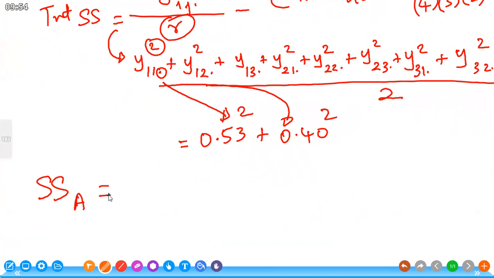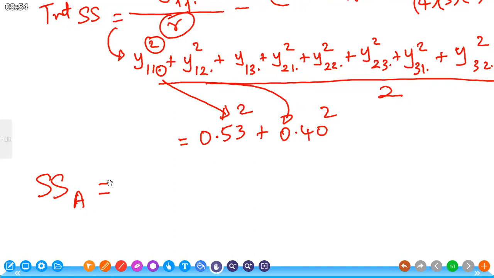Because in the ANOVA table, we'll have to fill all these components. Sums of square due to A. What is the formula? Look at your formula. Everybody should have written the formula when I showed you in the PowerPoint. Can somebody tell me?